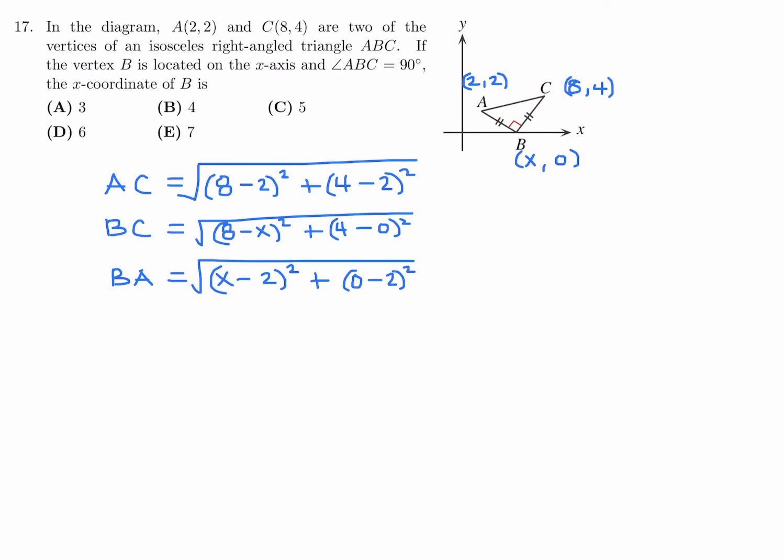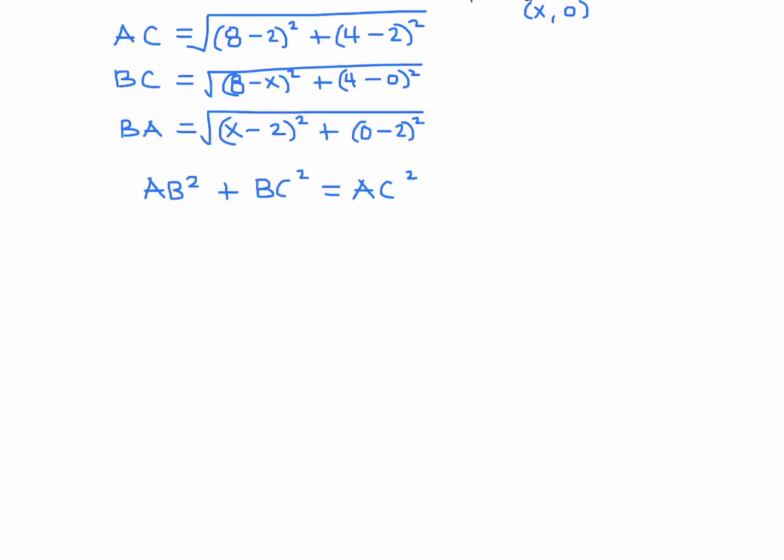So using the fact that this is a right triangle, we have the following relationship. AB squared plus BC squared is equal to AC squared. So we have to place these into this. (x minus 2) squared plus (negative 2) squared plus (8 minus x) squared plus 4 squared is equal to 6 squared plus 2 squared.